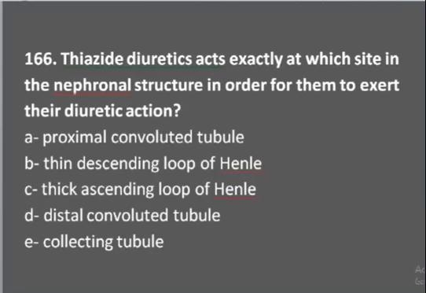So options are given: proximal convoluted tubule, thin descending loop of Henle, thick ascending loop of Henle, distal convoluted tubule, and collecting tubule. Actually thiazide diuretics exert their action at the distal convoluted tubule. So D is the correct option here.